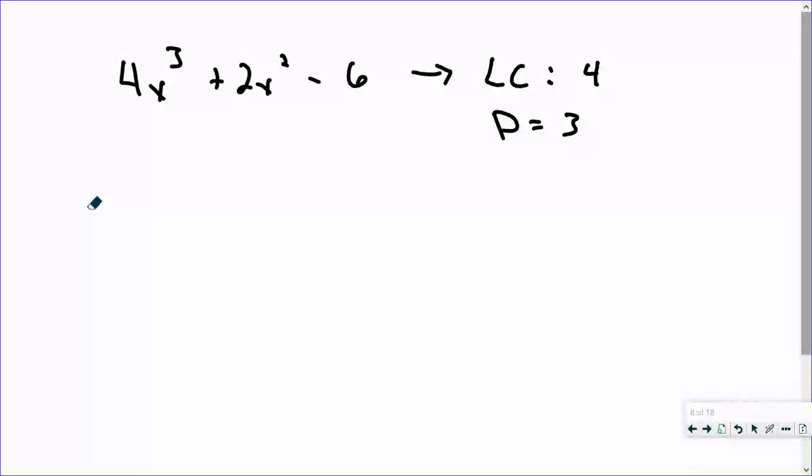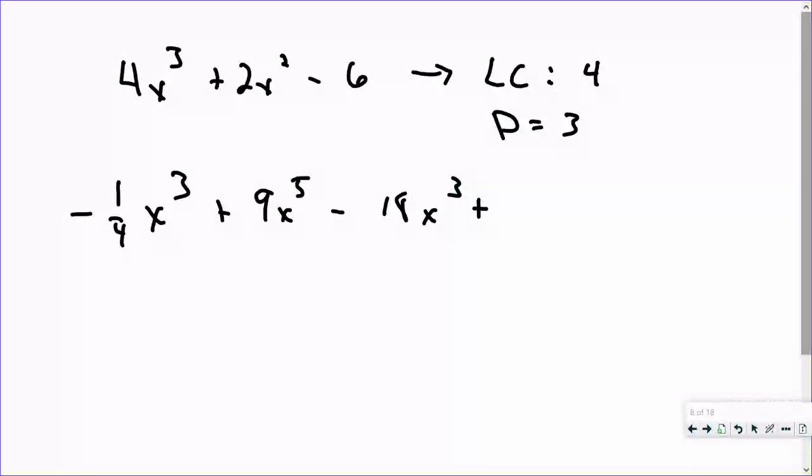Let's say that I mess with you, so I put negative 1/4 x to the third plus 9x to the fifth minus 18x to the third plus 3x to the sixth. Sorry, I'm going to make this one a second power, I didn't want to have two of the same. So when I see this, I want to put this in standard form. That means the highest exponent is going to go first.